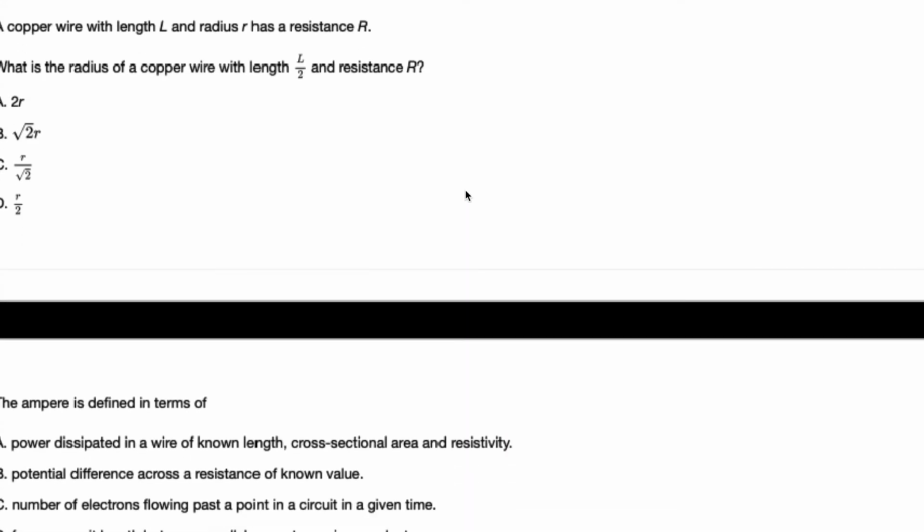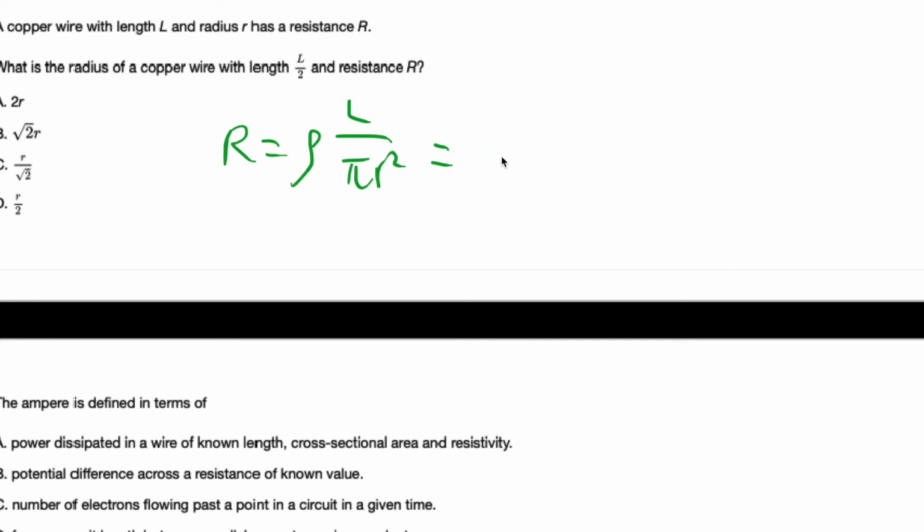A copper wire with length L and radius R has a resistance of R. What is the radius of copper with length L over 2 and resistance R? So resistance is equal to resistivity times length over area, which is equal to pi R squared.